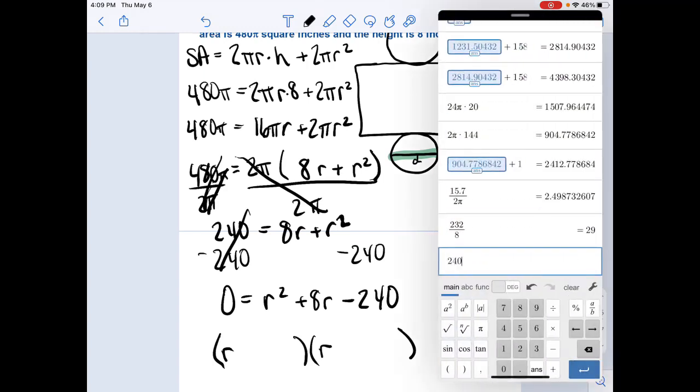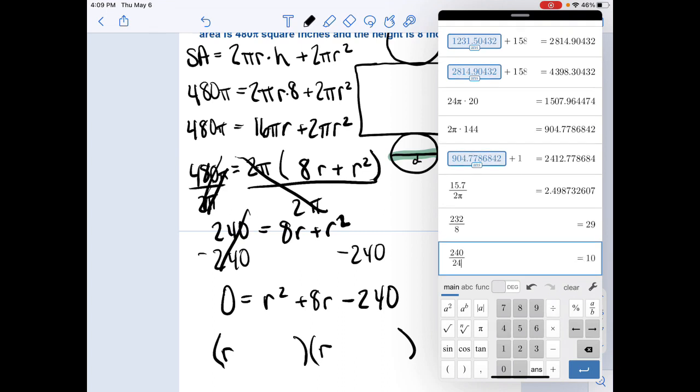So I'm going to take 240. I'm going to divide that by 24. I know that's divisible. It's not quite right. 25 is not good. See if I'm getting anywhere. So it looks like I'm getting maybe further away. So I'm going to go 23.